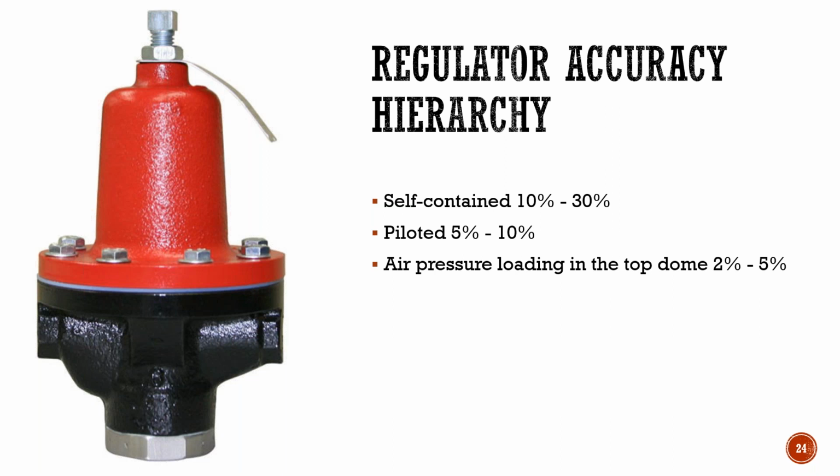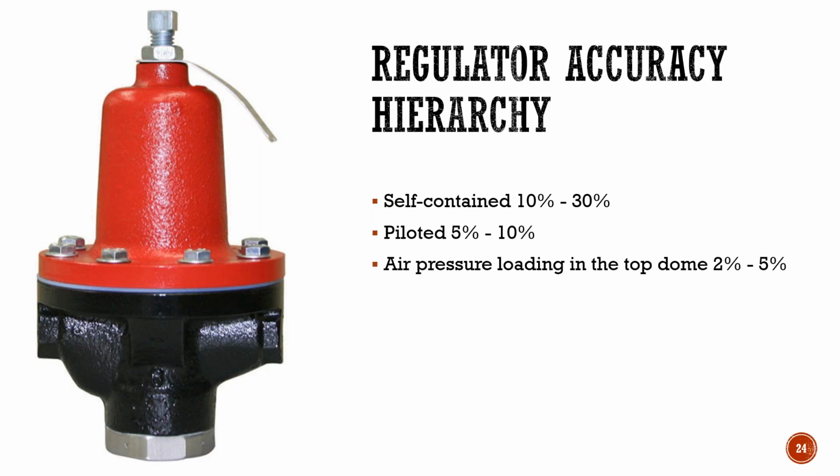And dome loaded, generally, end users will use air pressure to dome load, although you can put a hydraulic signal on, or you can put, for instance, some other kind of gas where you load, and those tend to be very accurate because we're removing one of the variables from the droop equation, and we're putting a static signal on top of the diaphragm versus the spring.